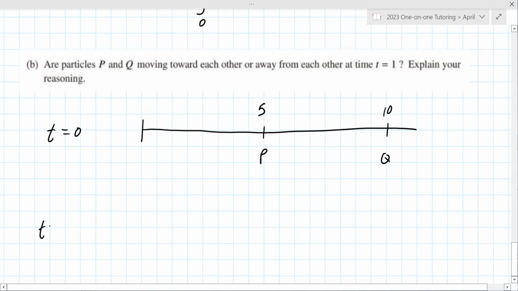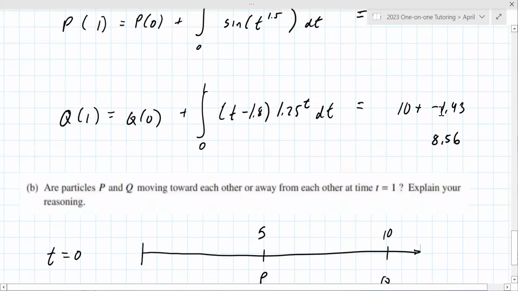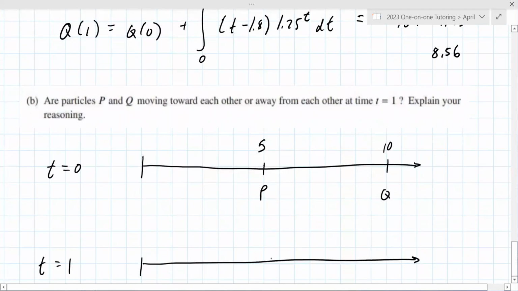And at t equals 1, we know our answers: P was at 5.37 and Q was at 8.56. So you might think they're moving towards each other.